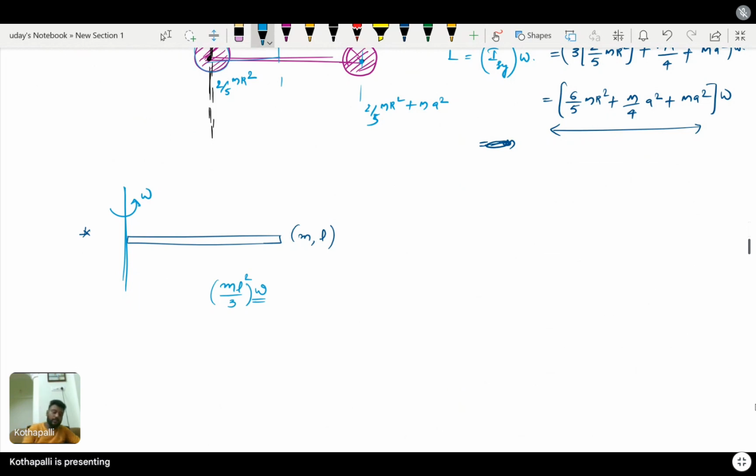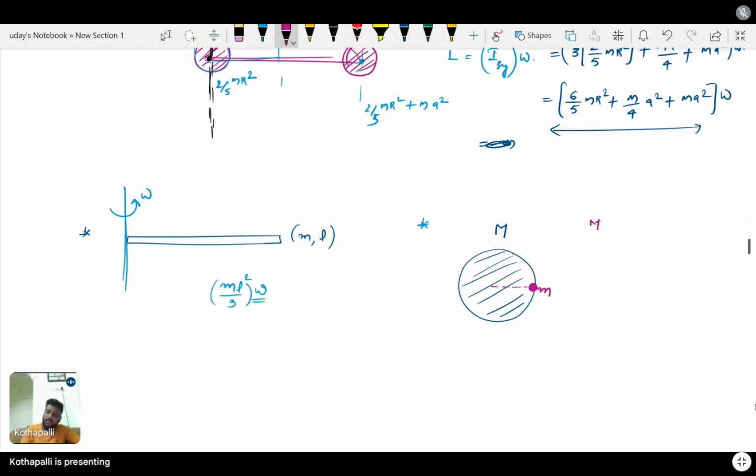Okay. One more question. Find the angular momentum of a system of a disk of mass m and a point mass attached to it at the edge, of mass small m.